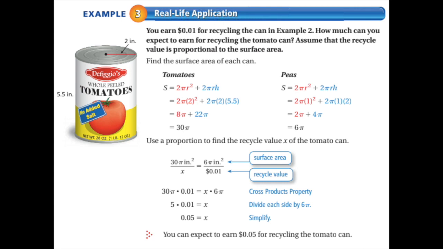They took 30 pi over x, because we don't know how much we're going to earn for recycling it, is equal to 6 pi over 1 penny. They cross-multiply, just like we learned earlier this school year, and they are left with 30 pi times 0.01 is equal to x times 6 pi. When we simplify, we end up with 5 cents. So the final answer for this problem is you can expect to earn 5 cents for recycling the tomato can.